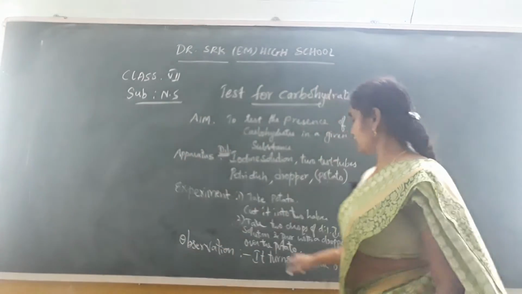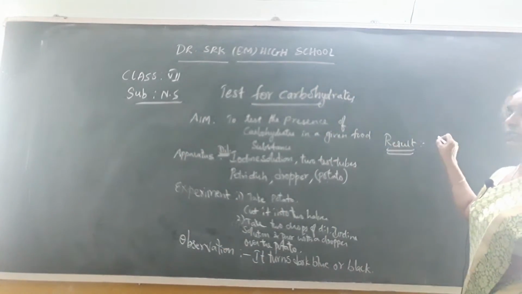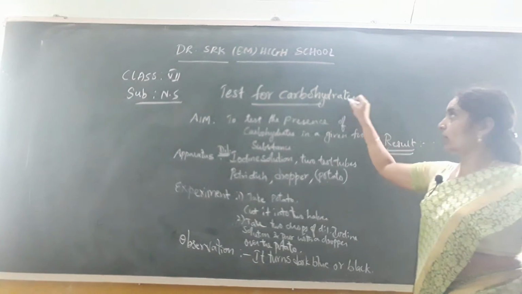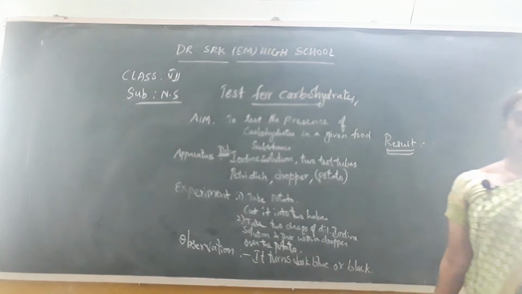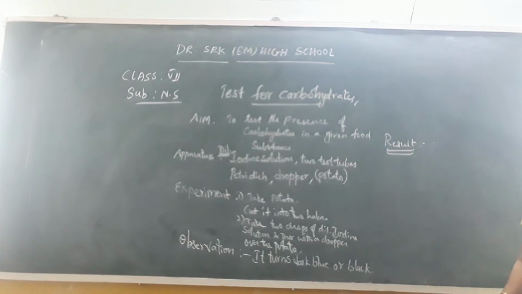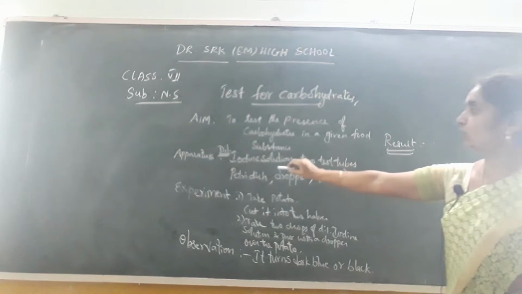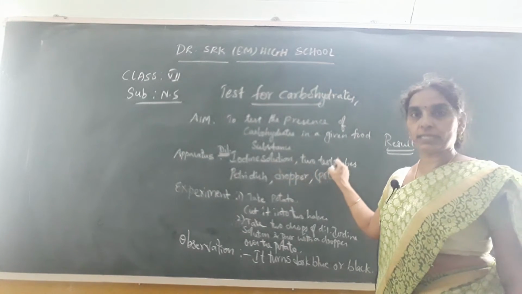Okay, so if it turns dark blue or black, it is the test for carbohydrates. Is it clear children? So what is the test for carbohydrates? You have taken the dilute iodine solution and 2 test tubes.